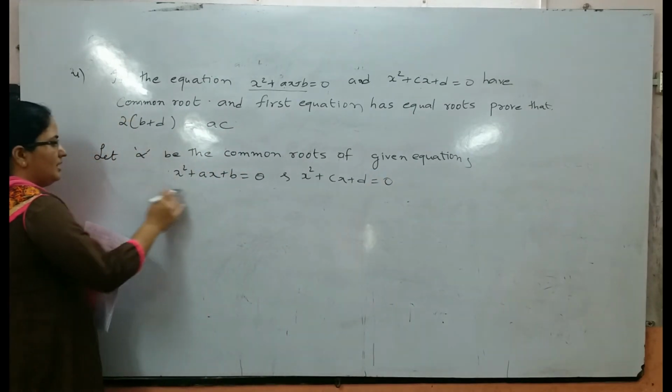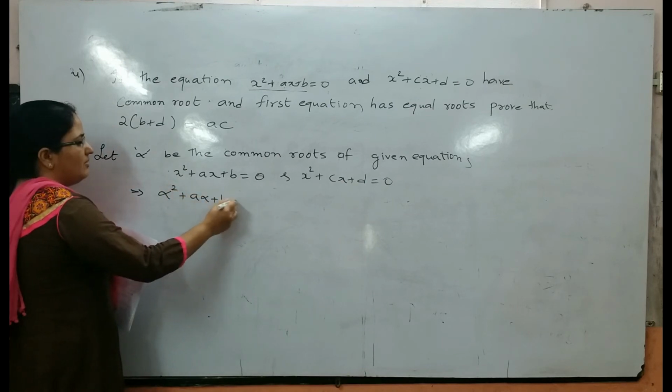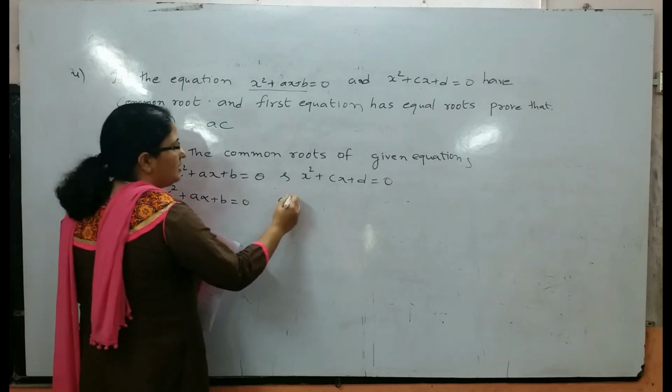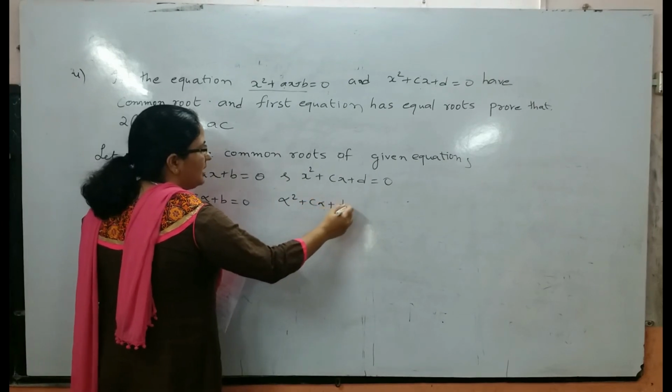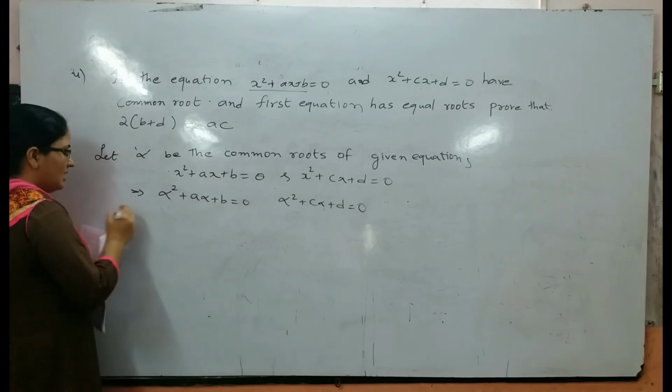Now this implies alpha square plus a alpha plus b is equal to 0, alpha square plus c alpha plus d is equal to 0, because alpha is the common root of both the equations.